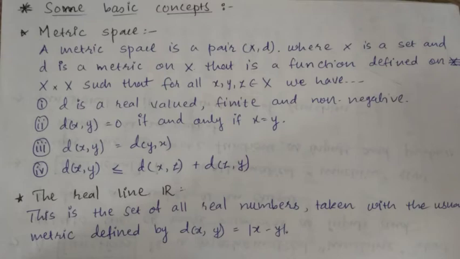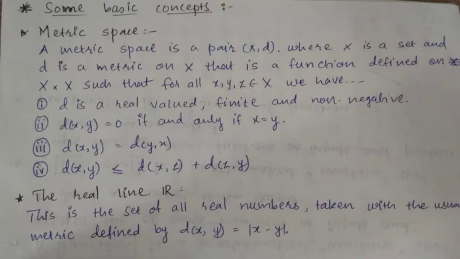The first property is that the metric d is real valued, finite and non-negative. The second property is d(x,y) is 0 if and only if x is equal to y. The third property is d(x,y) is equal to d(y,x).